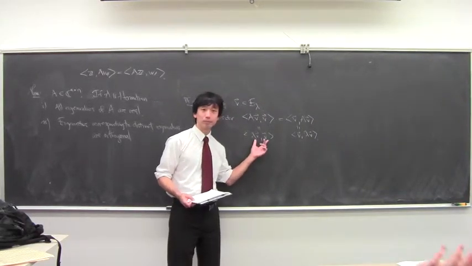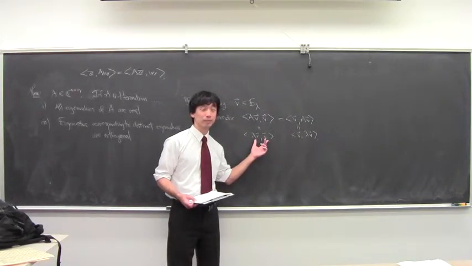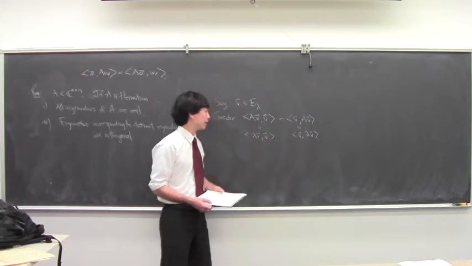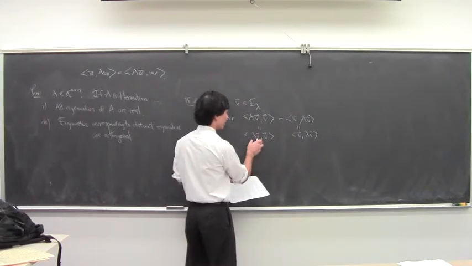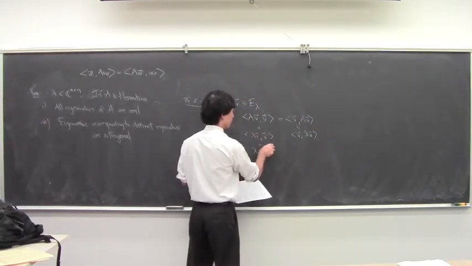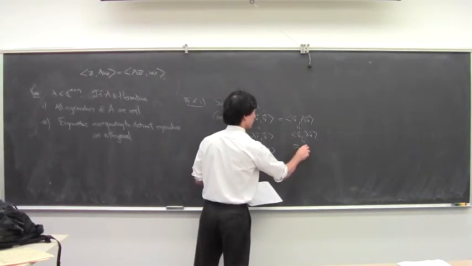Mia: It has to be real because otherwise it's like a complex conjugate of itself. Exactly. We know that the inner product is linear in the first variable and conjugate linear in the second variable.